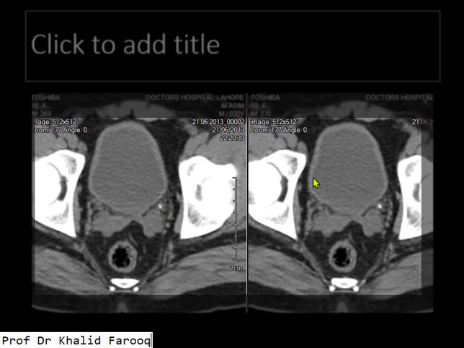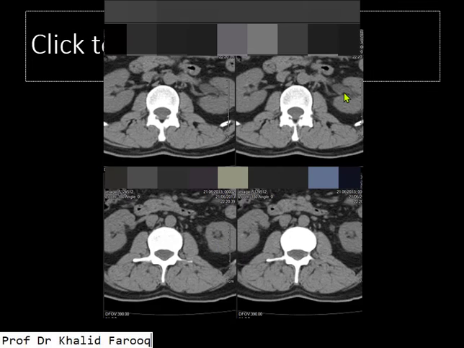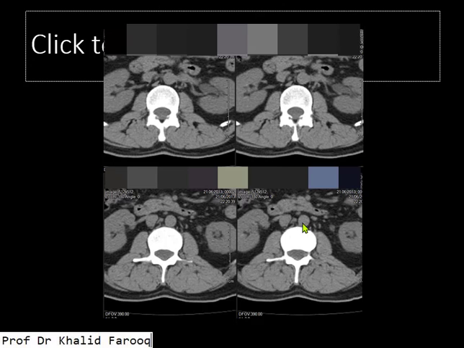This is the urinary bladder, and we see seminal vesicles, and this is the lower rectum. So a left ureteric calculus causing mild dilatation of the left ureter and left pelvicalyceal system. So this is a stone leading to partial obstruction of the left renal system.